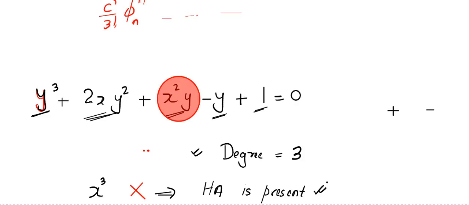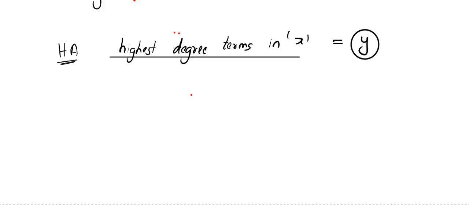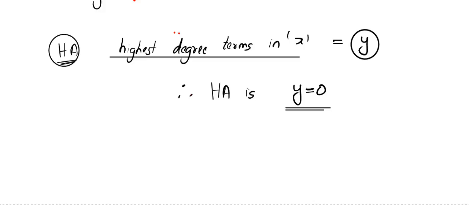Now tell me the coefficient of the highest degree term in x. It is y. So the horizontal asymptote is y is equal to 0, which means our x-axis. Once more, to find the horizontal asymptote, you collect the coefficients of the highest degree terms in x.